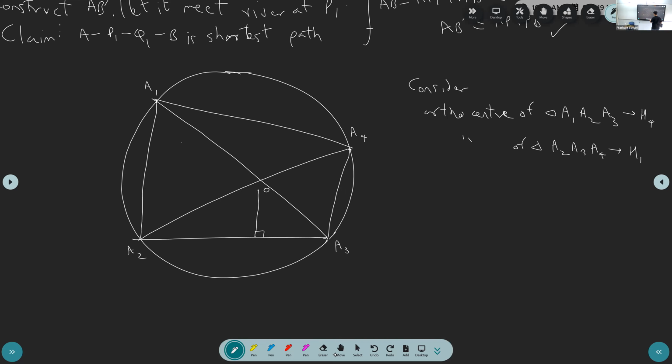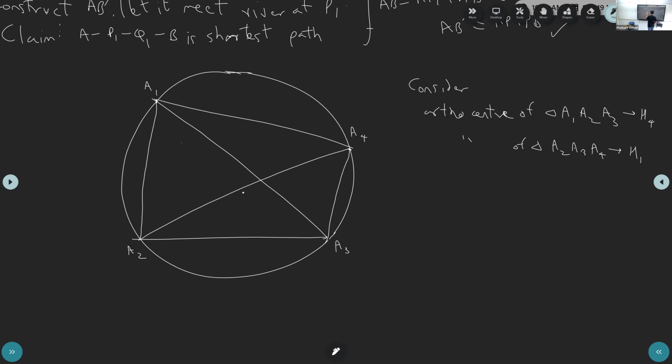Okay, O does not look like the center. So from O, if I drop this perpendicular, yeah, it bisects, but what is the relation with the orthocenter? Let us say triangle A1, A2, A3.